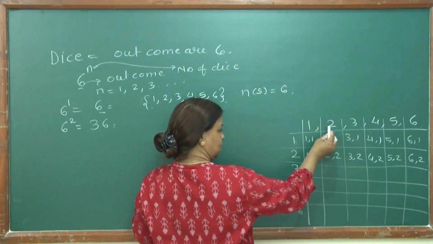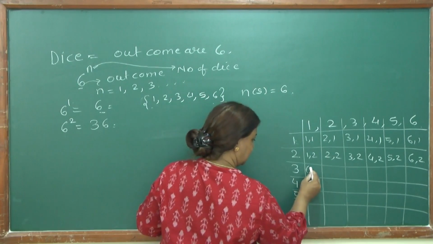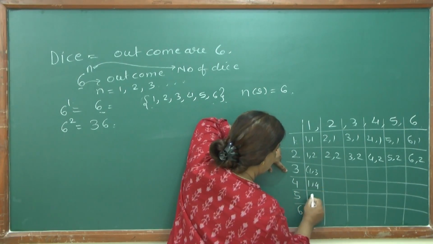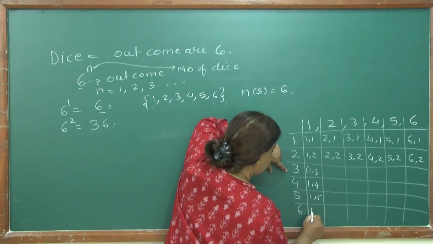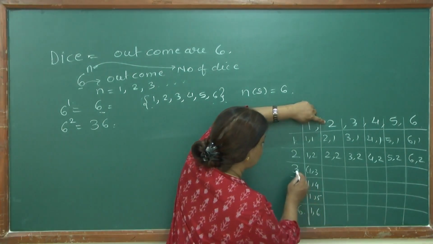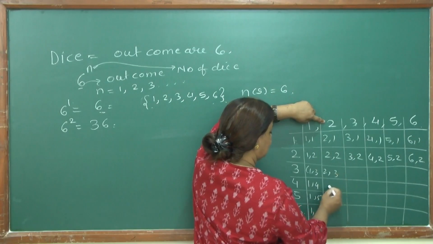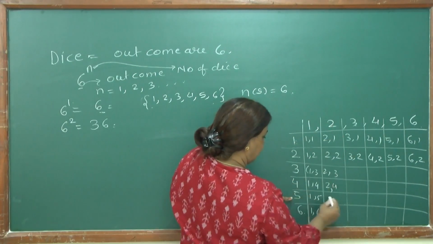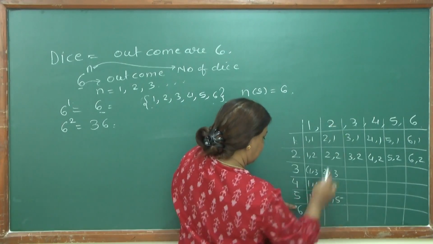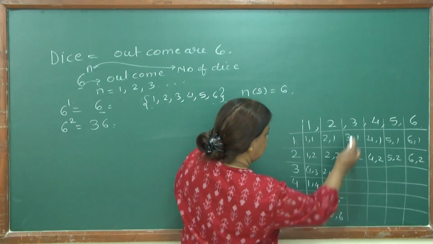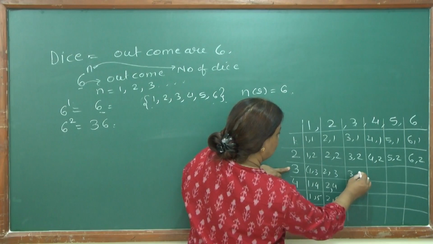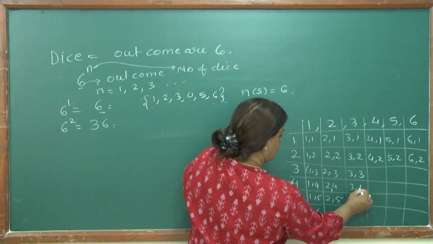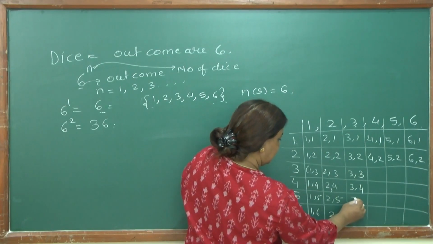Then comes 1, 3, then 1, 4, 1, 5, 1, 6. Then 2, 3, 2, 4, 2, 5, and then 2, 6. Then 3, 3, sorry, 3, 4, then 3, 5.